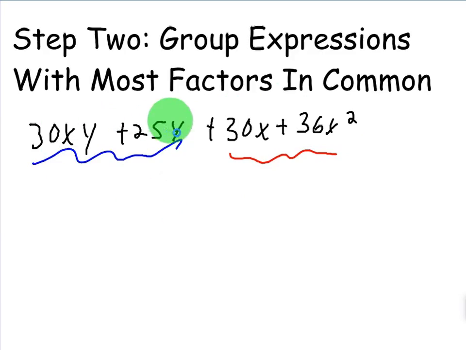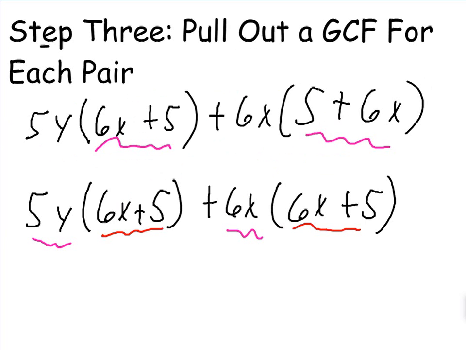Yep. See, this one doesn't have an x, so we can't pull it out. We can only pull a y out, and 5 is the biggest number that goes into them, so 5y for this one. How about this one? 6x. Good, 6x. Perfect. So pull out 5y of the first two and a 6x of the second two.